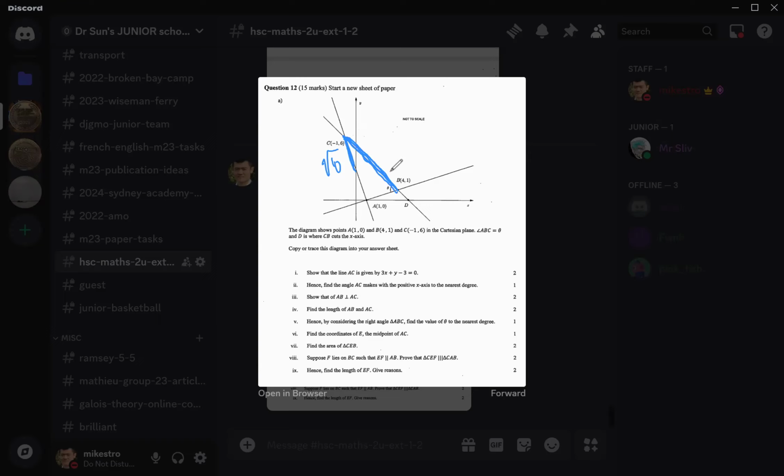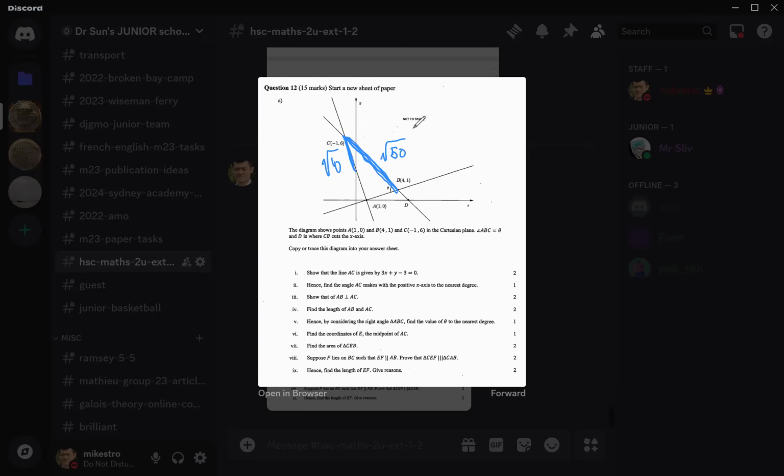So I got 5 root 2 for CB. So it's 10 plus root 50, yeah. Root 50. Yeah, yeah.